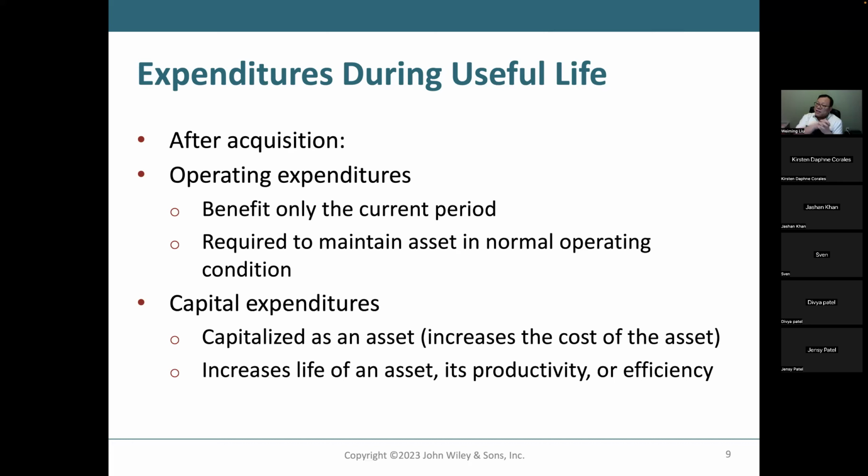In that case, do you think the expenditures to the doctors are capital or operating? Yes, it's a capital, right? Because I can live longer, I can serve UofL many more years, and I'm generating revenue longer for UofL. So you can see the difference between capital expenditure versus operating expenditure, right?